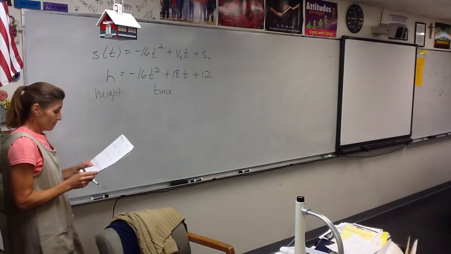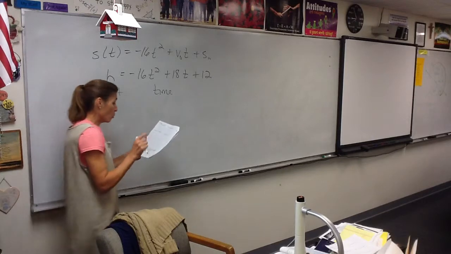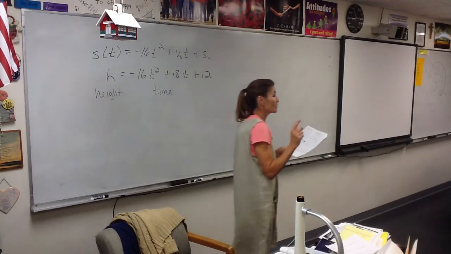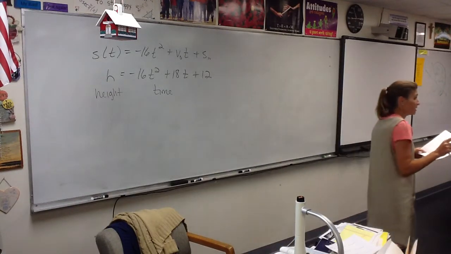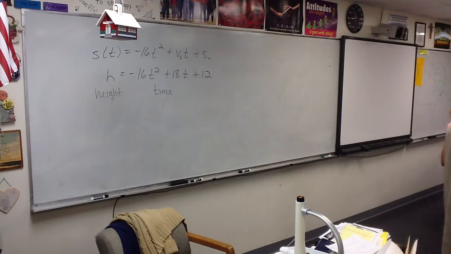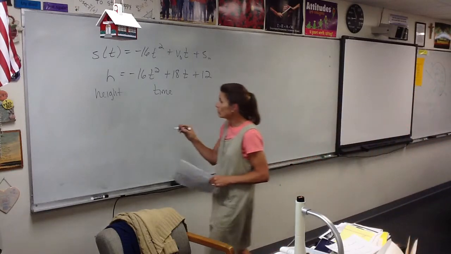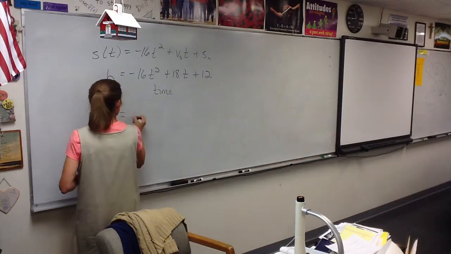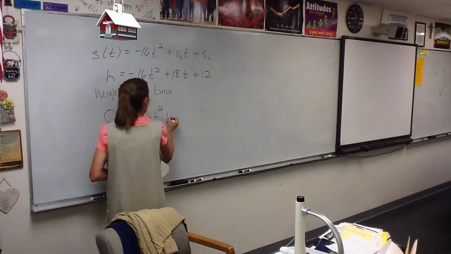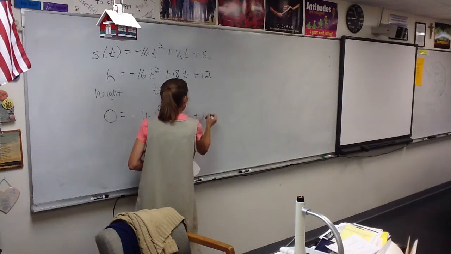When it says, when will it hit the ground, what do we know? We have to know one or the other because we've got to plug something into that equation. If it's on the ground, its height is 0. So we're going to put 0 here and solve this equation.